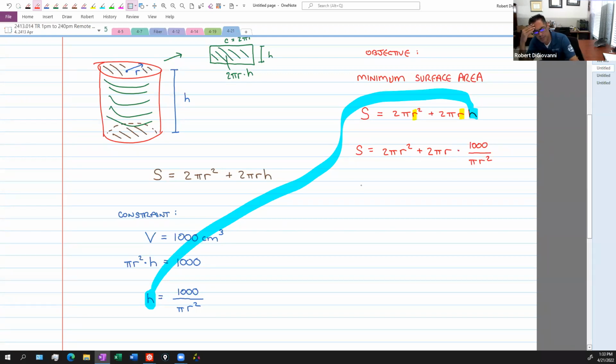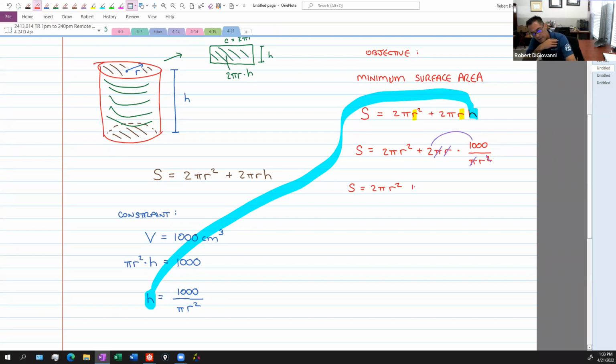Some things clean up here. Let's try and clean this up. I know it looks terrible right now, but okay, what can happen here? I think a pi goes away, right? A pi cancels. This r cancels with one of those r's. I can multiply the 2 times 1,000 to get 2,000 on top.